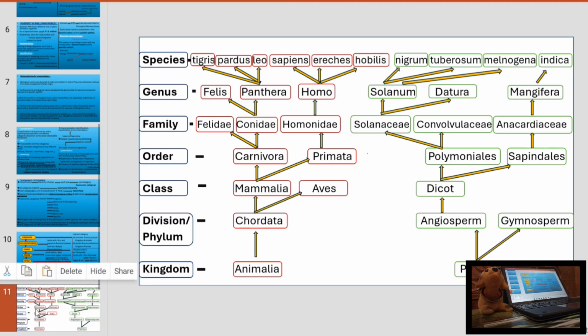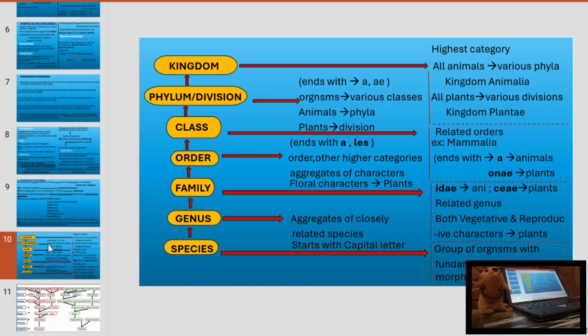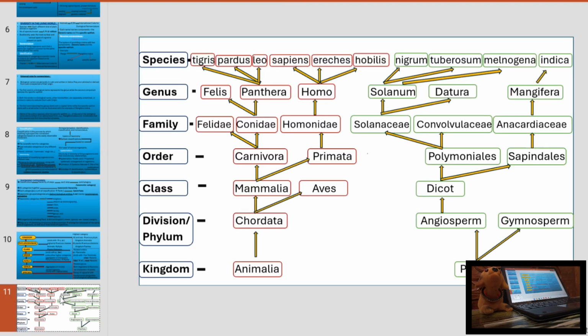Okay, in the previous slide, since we are discussing the taxonomic categories, some examples were given for every taxonomic category. And for your better understanding, I just grouped them into a tree and represented it here.